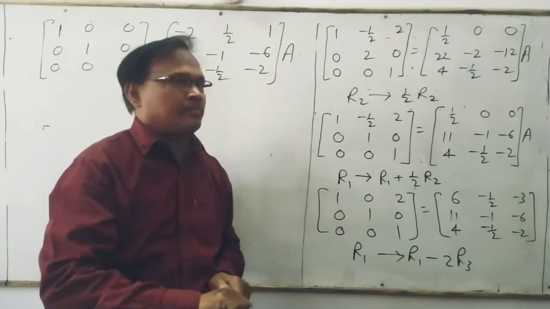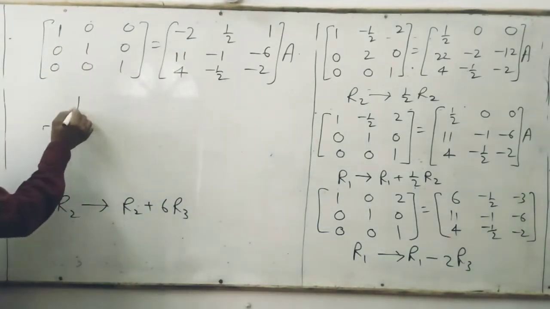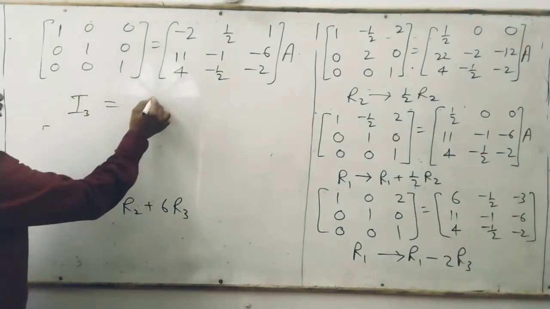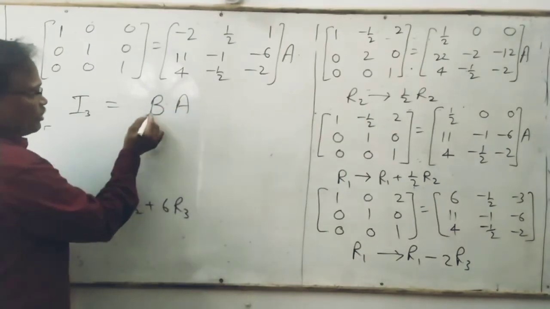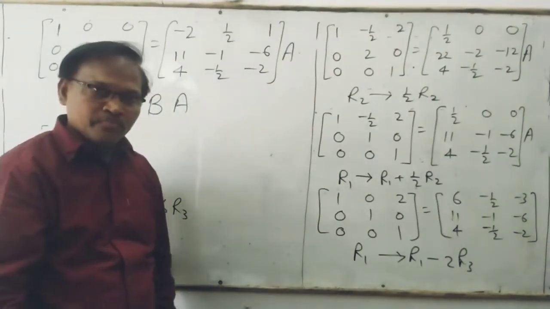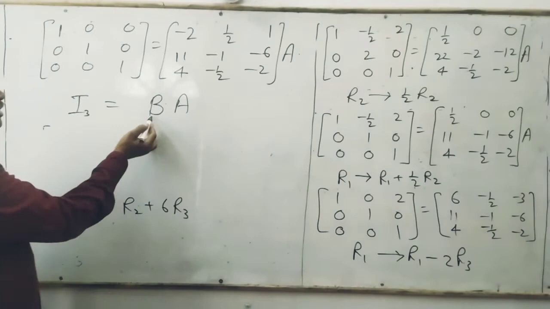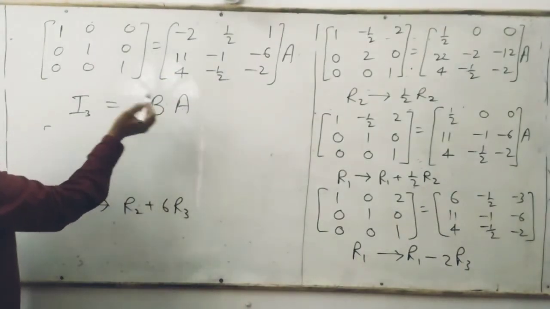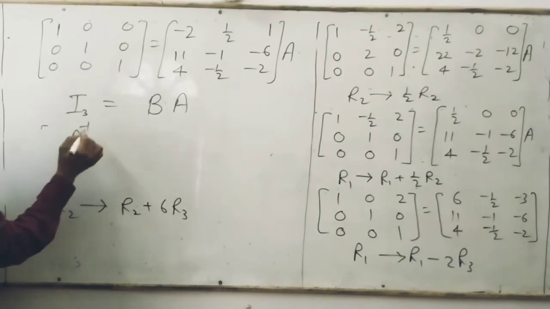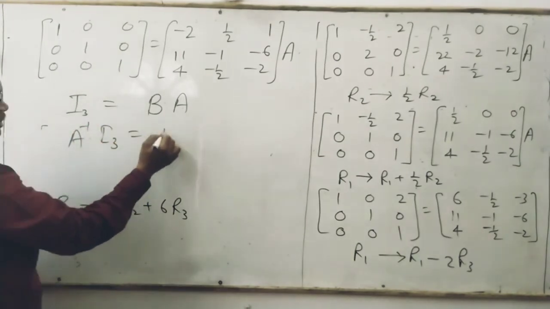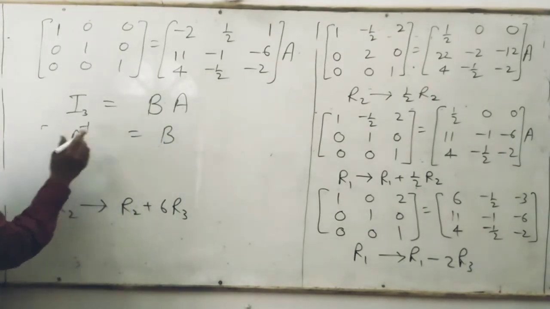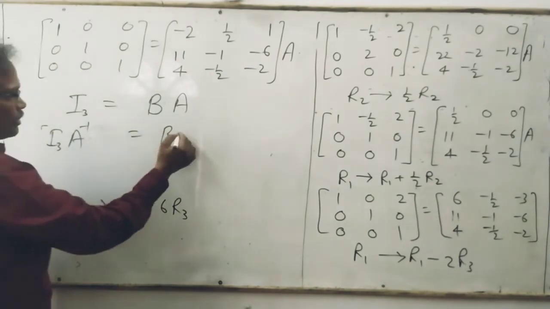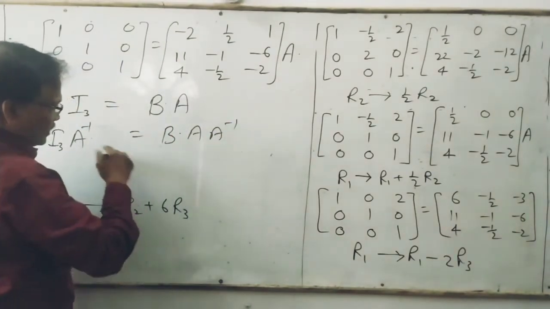But before writing, you write like this: I3 is equal to B dot A, where B is this. Let this matrix be B. Then A, if you take it to this side, means multiplying by A inverse on both sides. So B into A inverse on the right hand side.